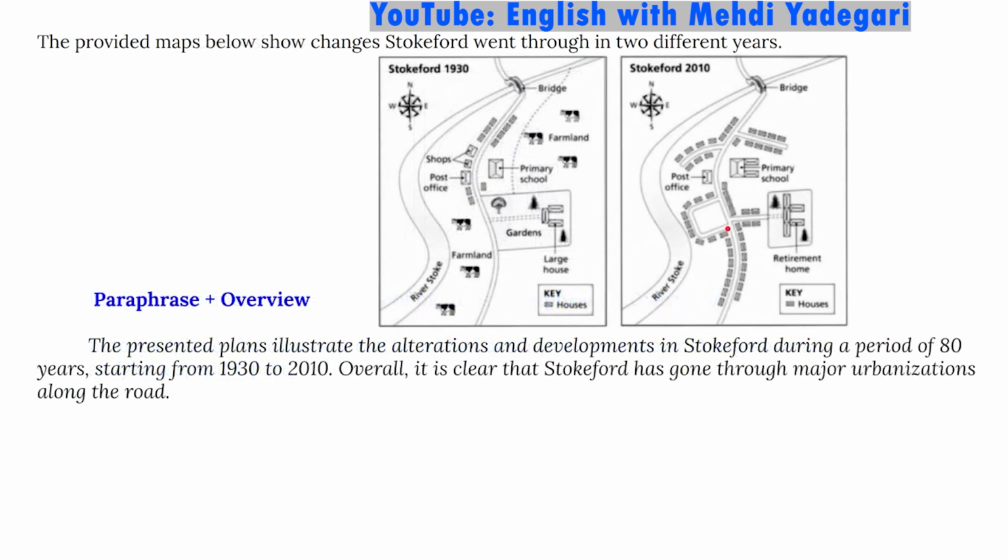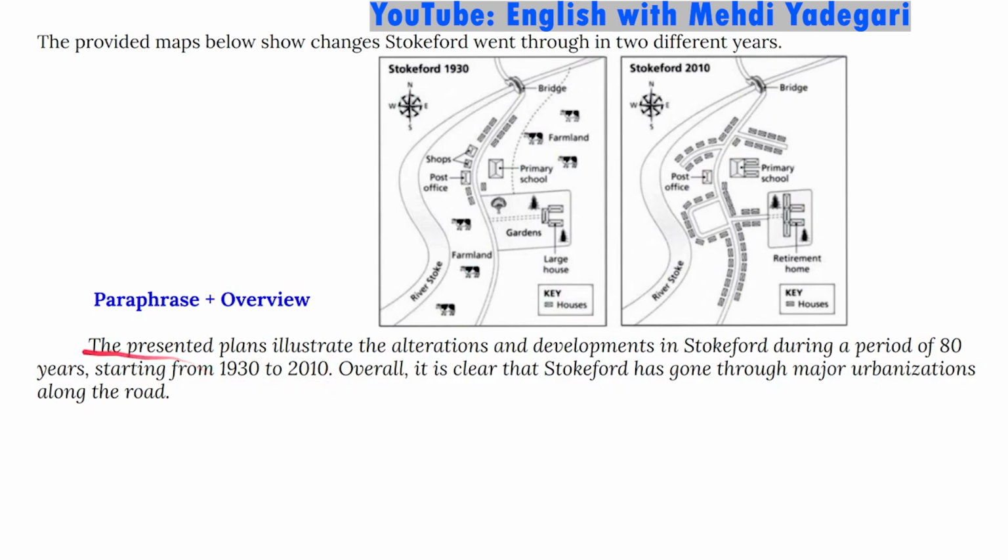So what it looks like would be like this. This is the prompt, right? Now, this is the paraphrasing that I've provided here. The provided maps below show changes Stokeford went through in 2 different years. So this is the prompt that we've been provided by the exam. The presented plans illustrate the alterations and developments in Stokeford during a period of 80 years, starting from 1930 to 2010.